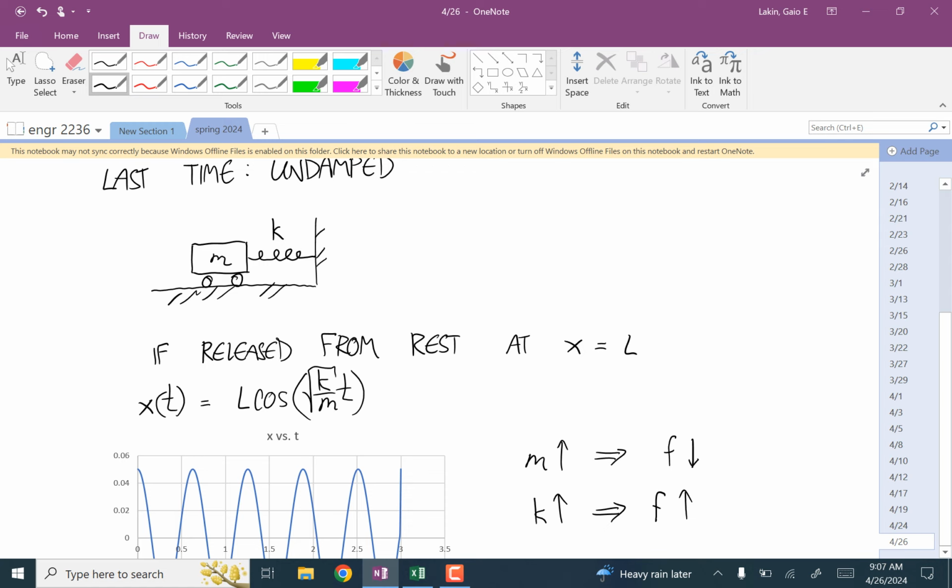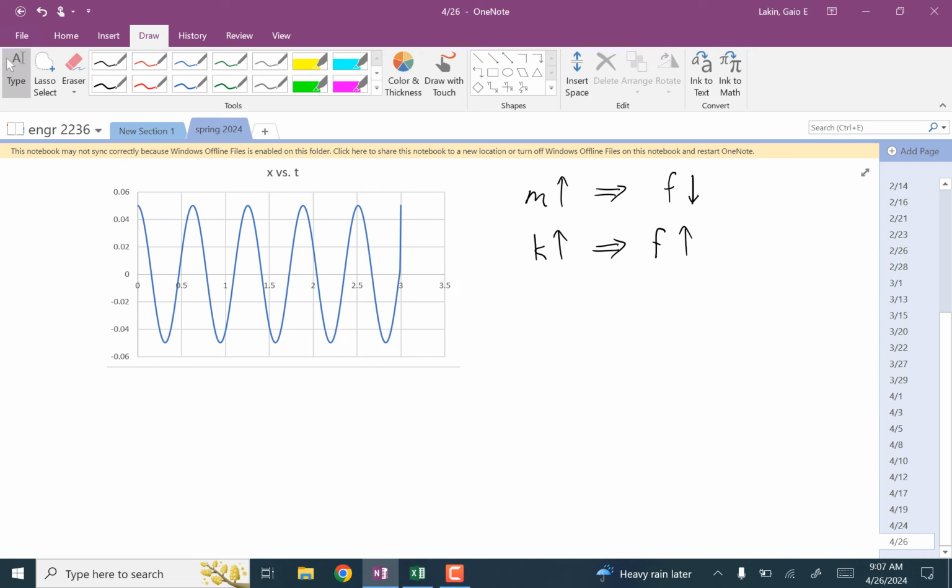But think about a mass hanging from a spring. Now there's two things you might think of as possibilities for x equals 0. One is when the spring is at its resting length. And then the other one is when the system is at equilibrium, where the mass is pulling the spring, stretching the spring out a little bit. Okay, can you picture what I'm talking about?